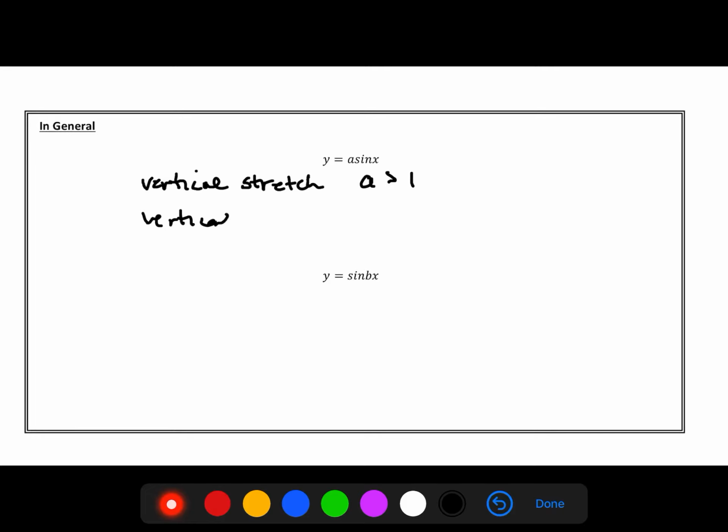We have a vertical compression when our a value is less than 1. And we're going to talk about our absolute values here.